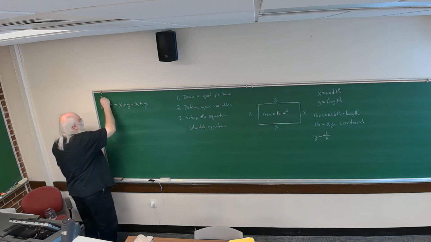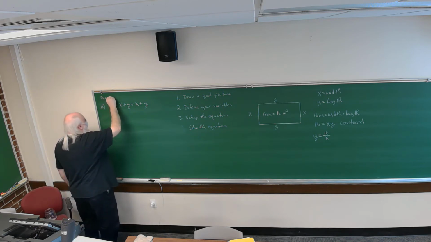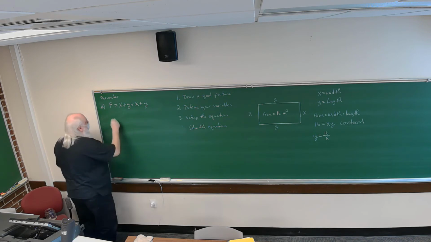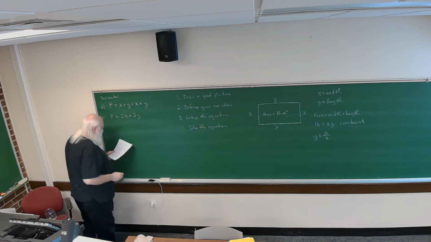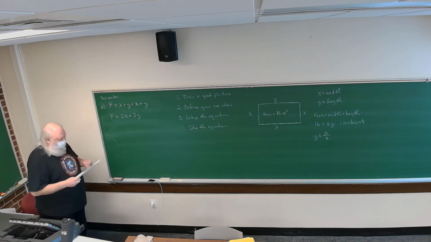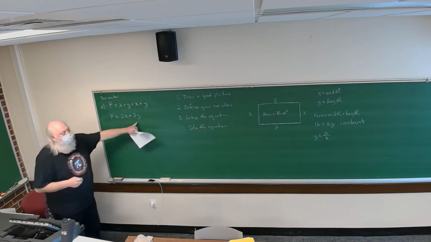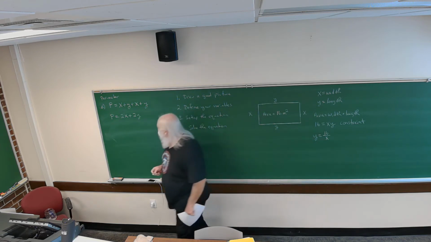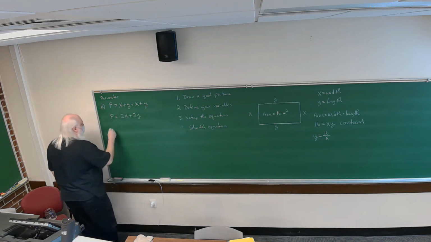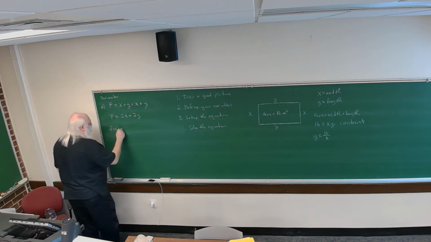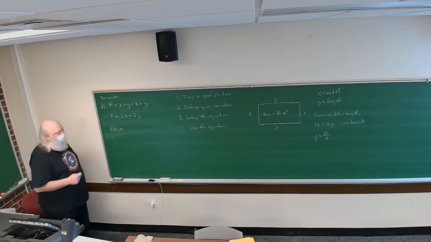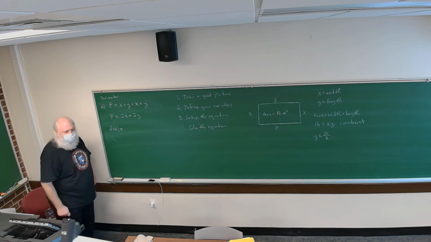So the perimeter P, combining like terms, is 2x plus 2y. But what's y equal to? 16 over x. So I substitute 16 over x for y. And since I'm writing the perimeter as a function of x, we might replace P with f of x.